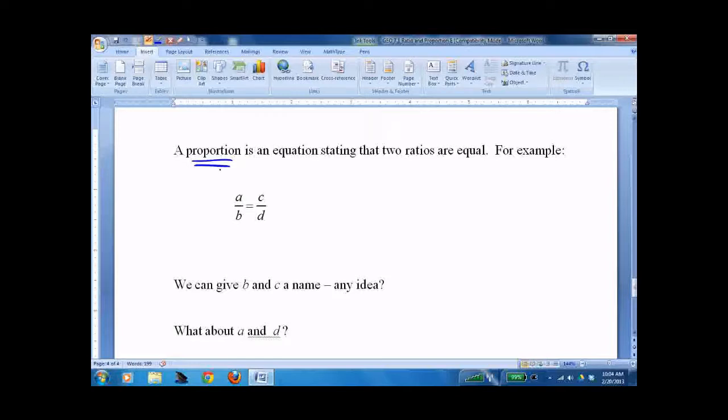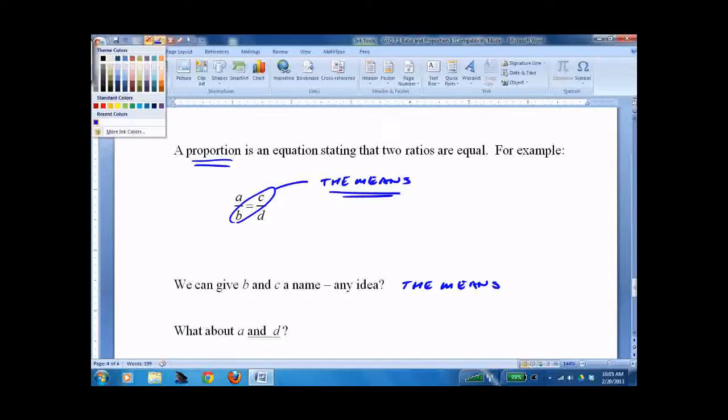We call them the means. We also give A and D a name. We call them the extremes.